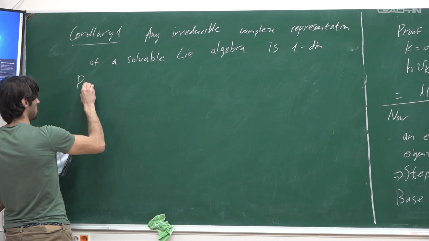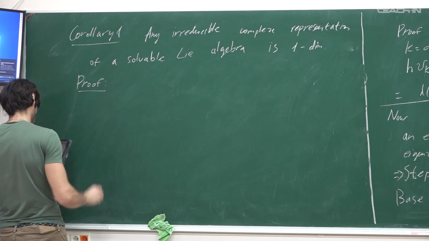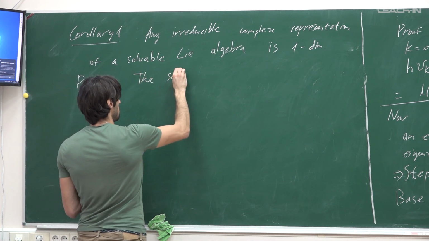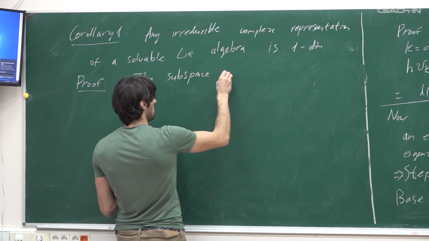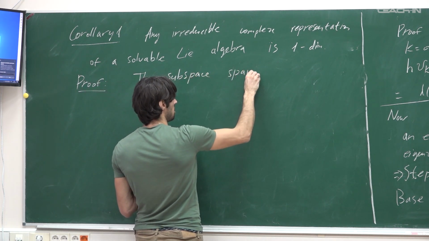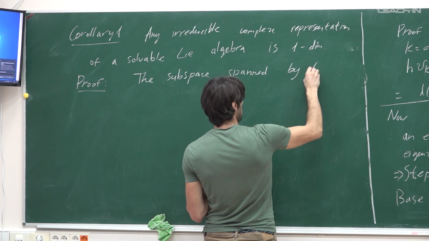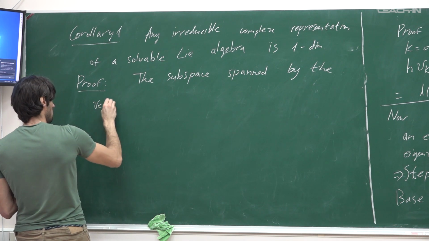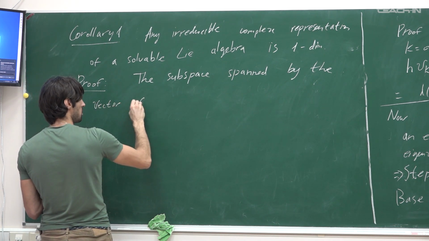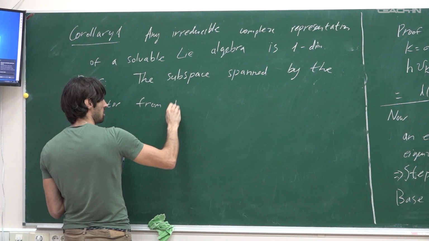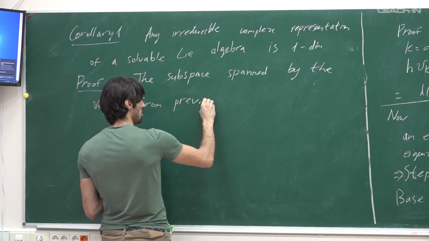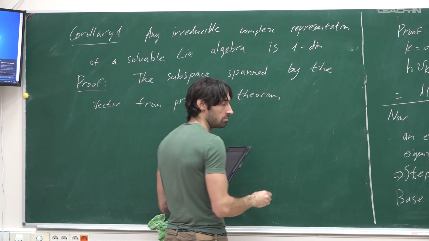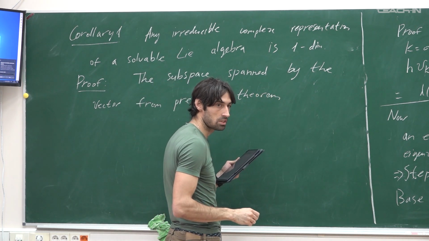Proof: just the subspace spanned by the vector from the previous theorem is an invariant subspace.